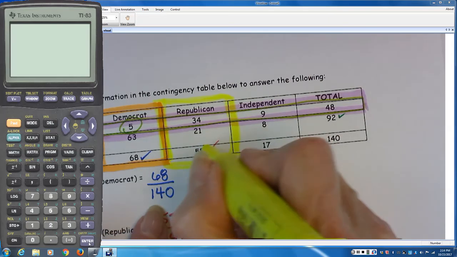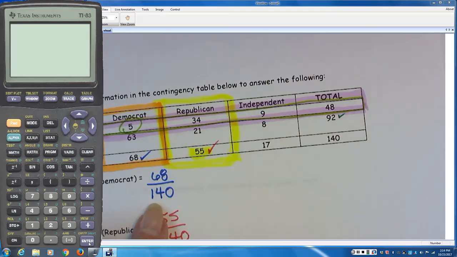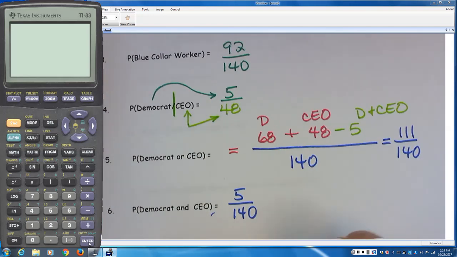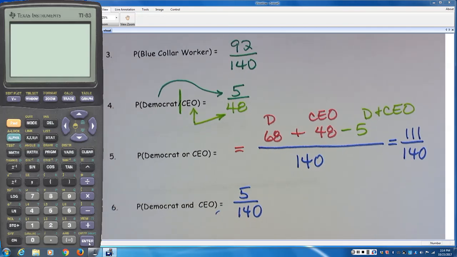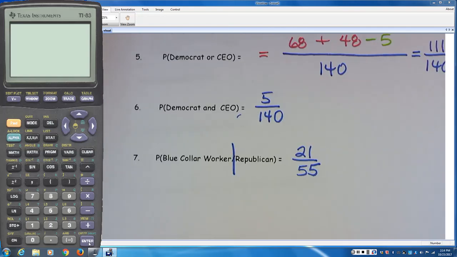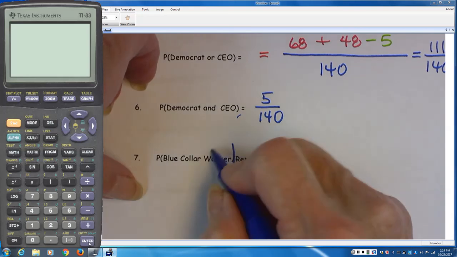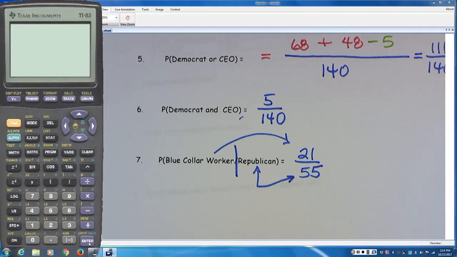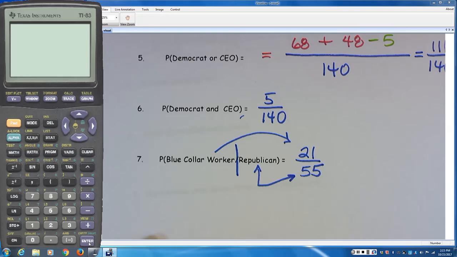So that means we're only talking about these 55 people, and 21 out of those 55 people are blue collar workers. So the given condition gives you your denominator. Okay?